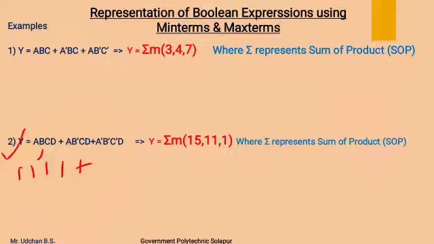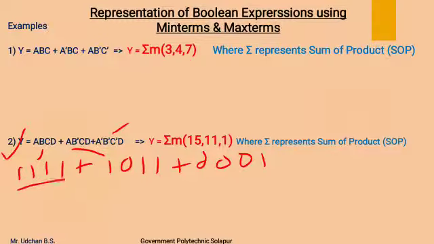Plus for this product term I can write a 1, b bar 0, c 1, d 1. After that for this product term I can write a bar 0, b bar 0, c bar 0, d 1.